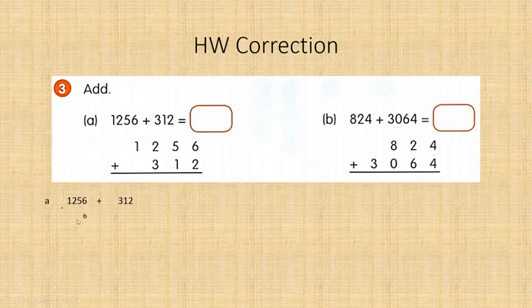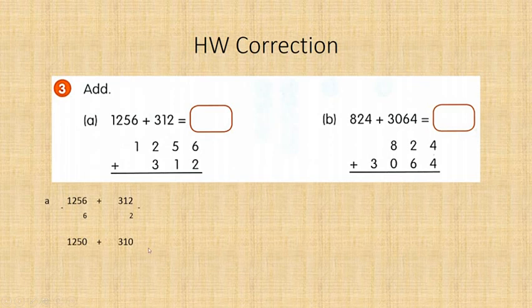Look here, I'm just making it here 1256 plus 312. So I'm just removing from here 6 to make it a multiple of 10. And here it's not a multiple of 10, so I will just remove 2 from it to make it a multiple of 10. So here is going to be 1250 because I removed the 6 from here, plus 310 because I removed the 2 from here.